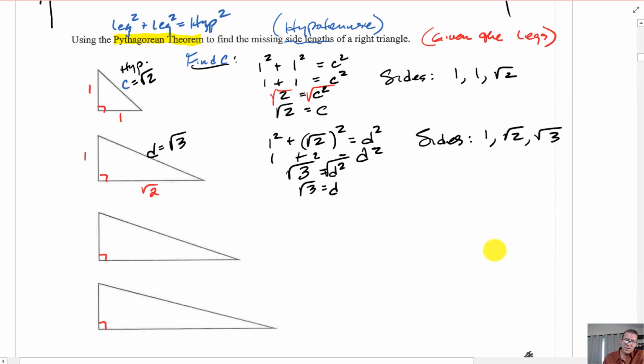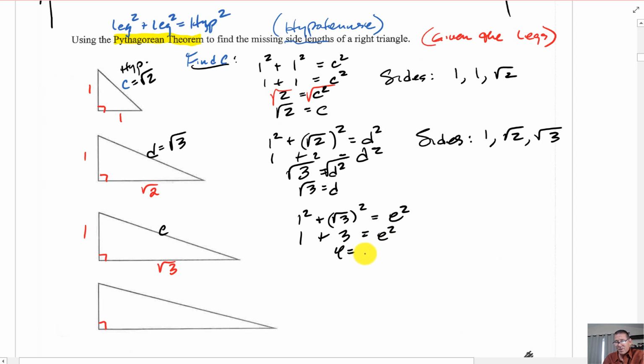Now let's build on it. On the next one, I give this to be 1. All the vertical lengths on the vertical sides are the same distance, they're all 1, and let me put root 3 here. What is the hypotenuse? Let's call this one E. So 1 squared plus the square root of 3 squared is equal to E squared. Again, we're trying to find the hypotenuse. You get 1 plus 3 is equal to E squared.